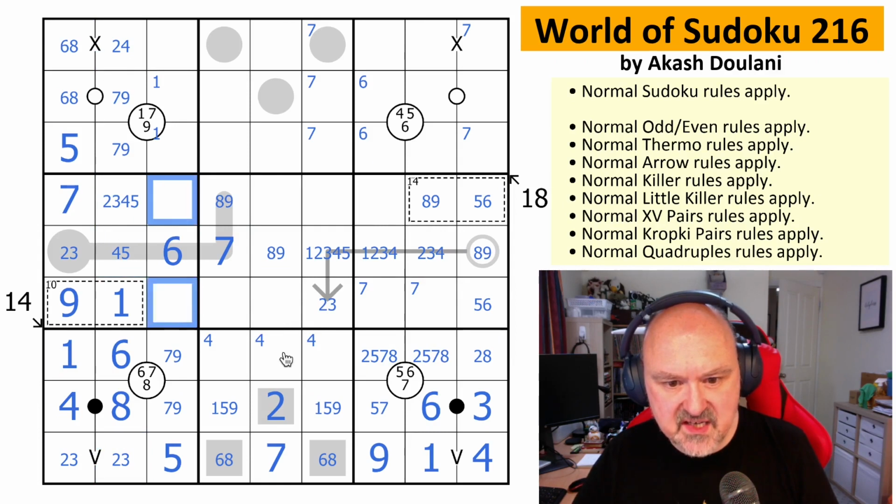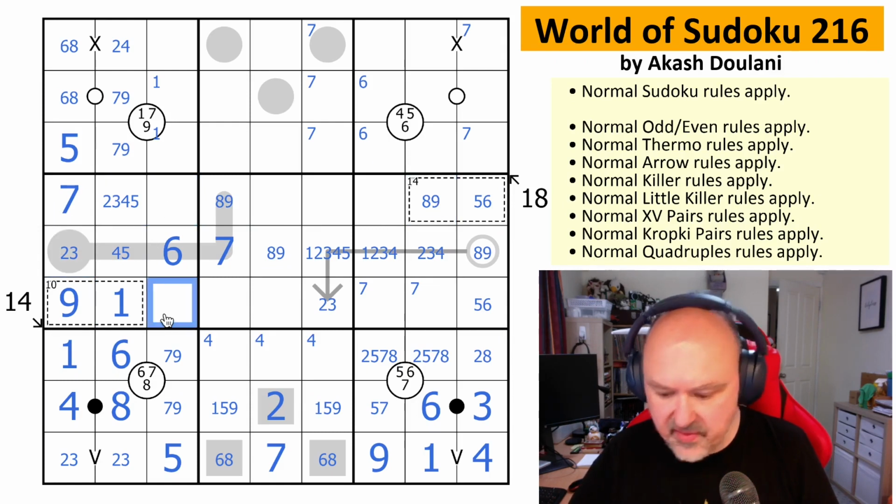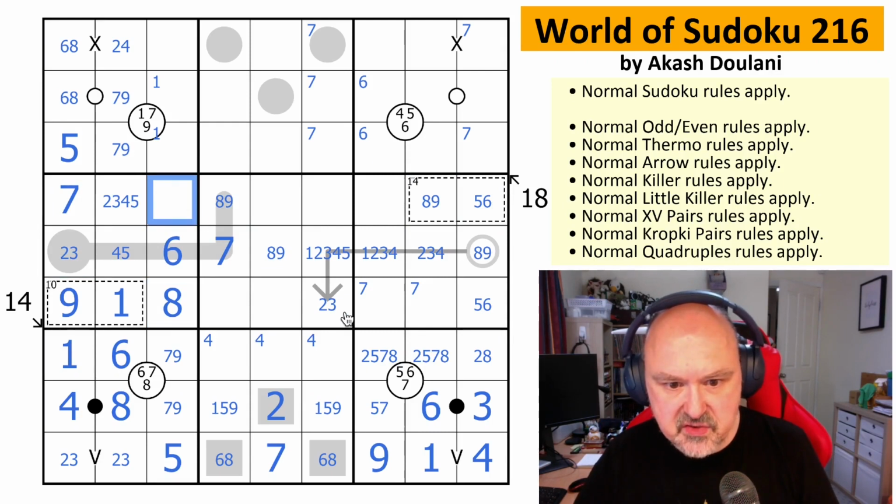So that means 8 is in one of those two because I'm missing 8 from all of those cells. So 8 is in one of those two, and there's an 8, 9 pair here. That is an 8. This is a 2, 3, 4, 5. And it's 2, 3, 4 because there's a 5 in the column. So there's a 5 in one of those two, which I already had from the column. Okay. That's a 2, 3, 4.